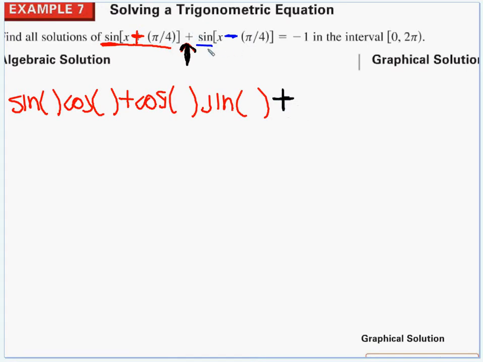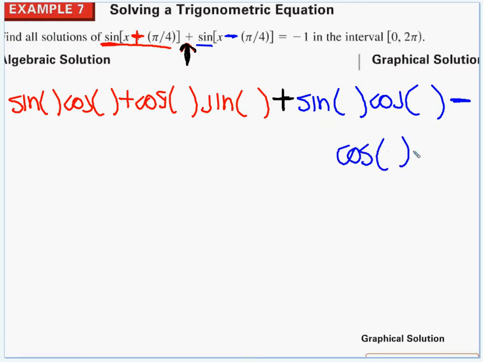And let's just do the pattern here for the sine of a difference. I'll switch over to blue ink. And this will be sine cos minus cos sine. Sine cos minus cos sine. I should have left a little more room there.